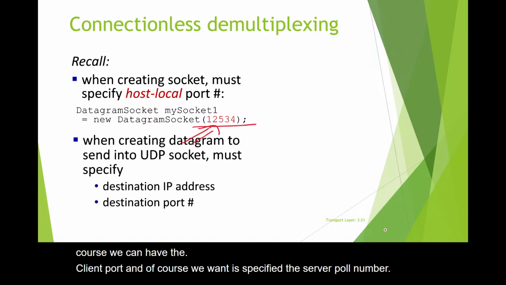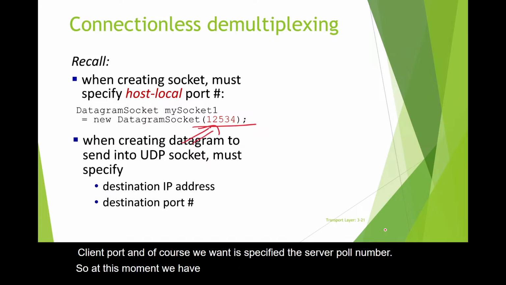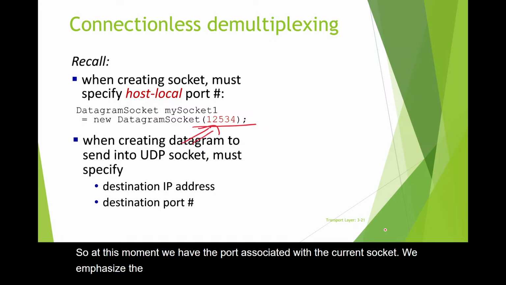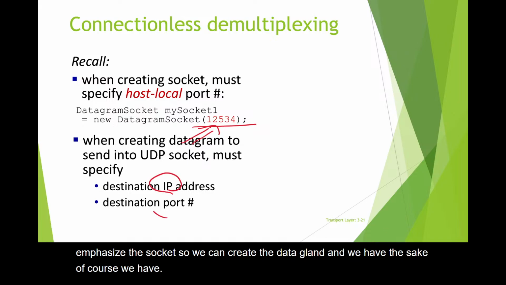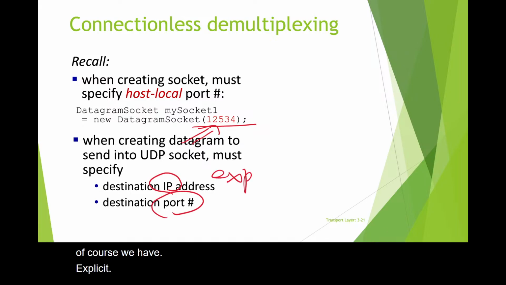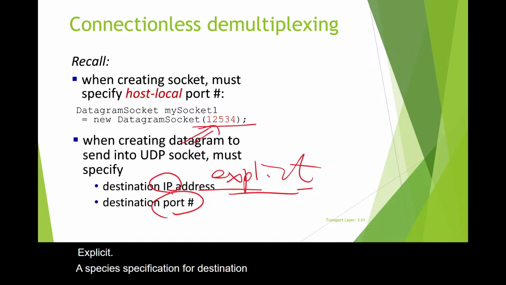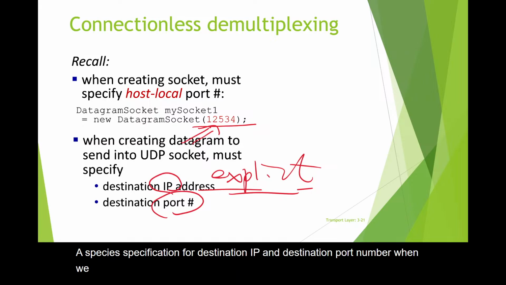So at this moment, we have the port associated with the current socket. We emphasize the socket. So we can create the datagram and we have the socket. Of course, we have explicit specification for destination IP and destination port number when we have the program for UDP socket programming, right?